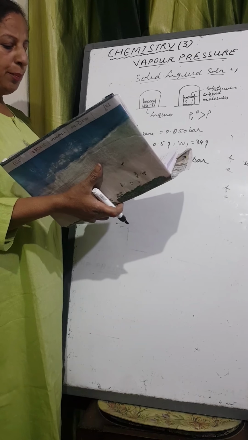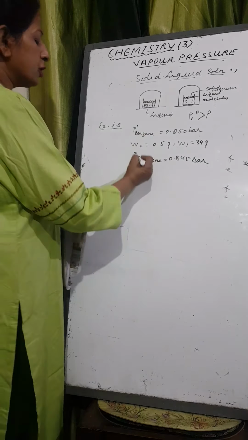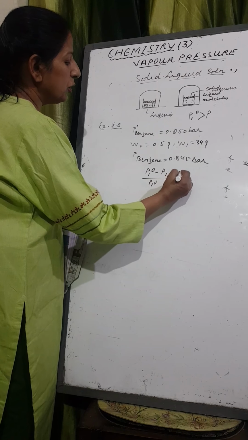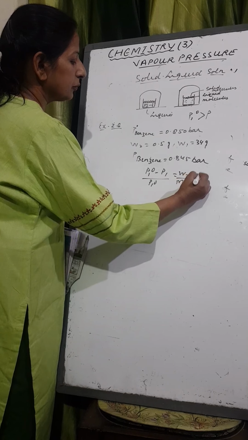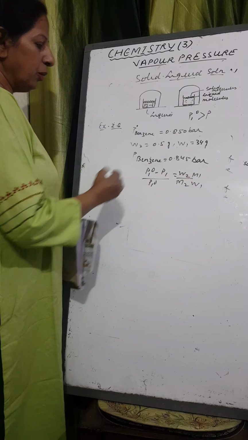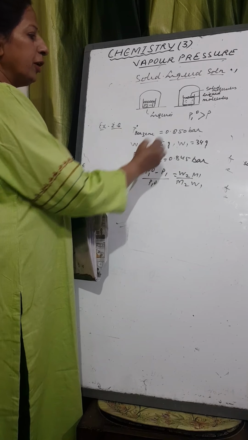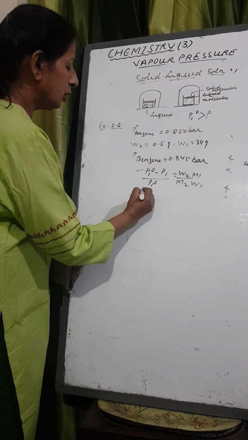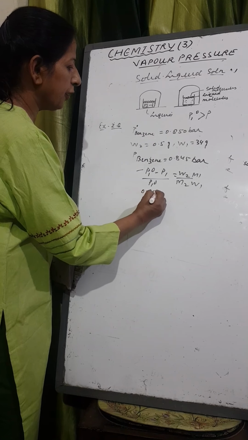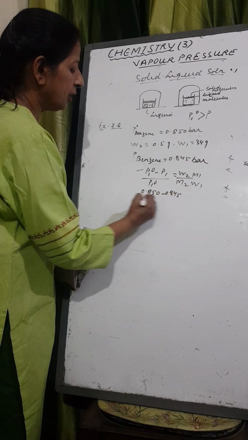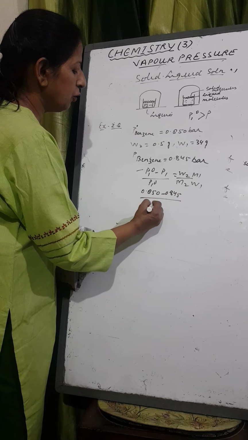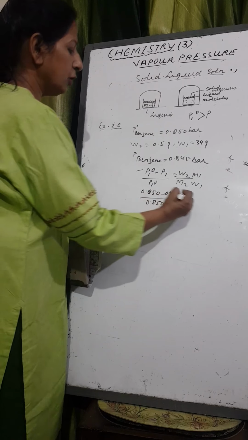What is the molar mass of the solid? First of all, write the formula. (P1 naught minus P1) upon P1 naught equals W2 upon M2 into M1 upon W1. Now you know P1 naught, that is 0.850, and P1 is 0.845 divided by 0.850.